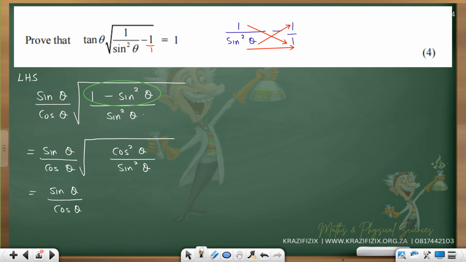Now, under rules of surds, we can find the square root of the numerator and denominator separately.